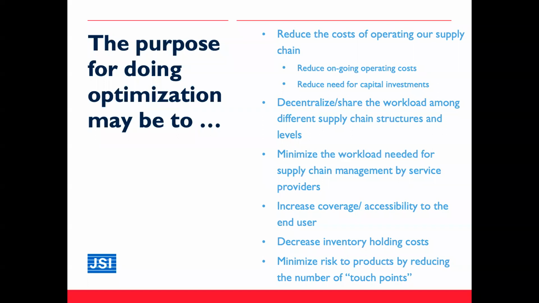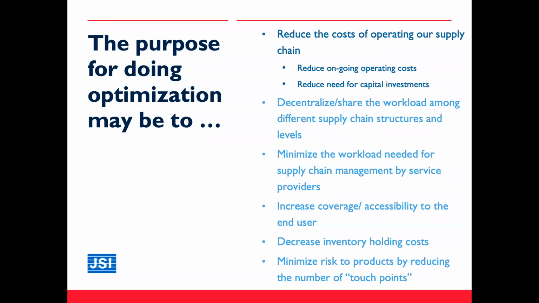One reason may be to reduce costs, but we can think of costs in several ways. Perhaps our aim is to reduce the ongoing operating costs or to increase efficiency while keeping the need for capital investments to a minimum. The two are complementary.